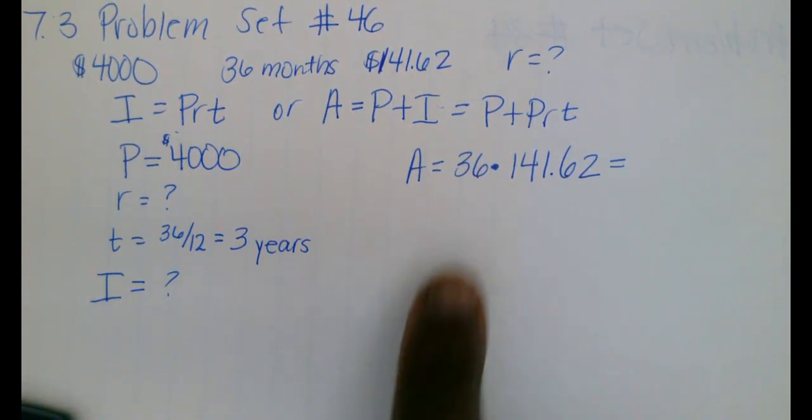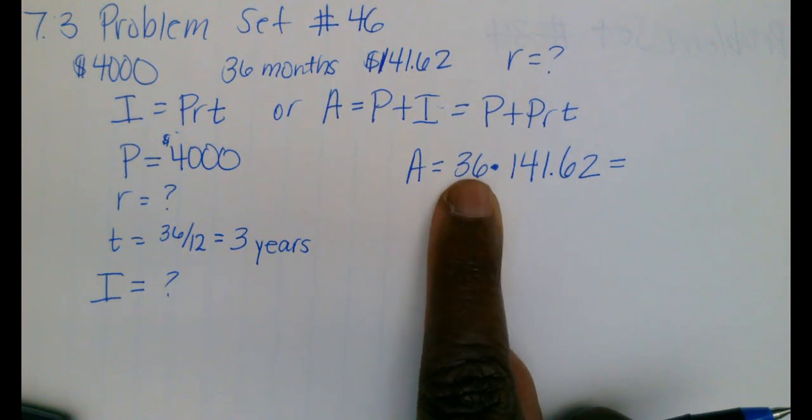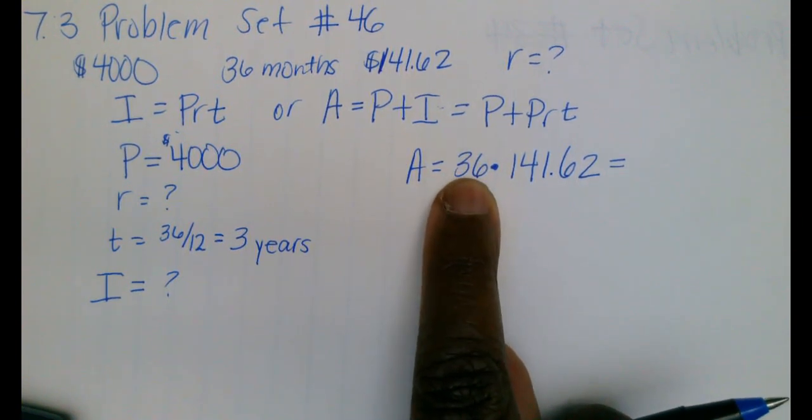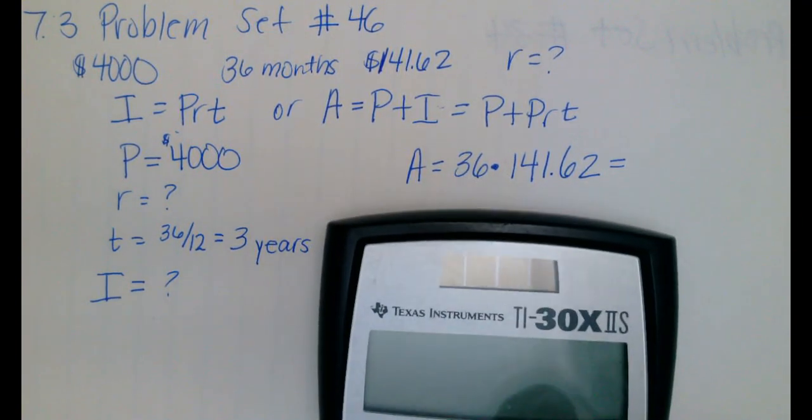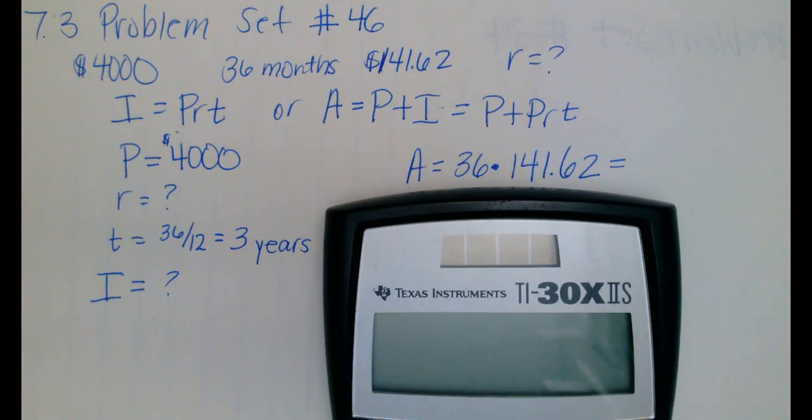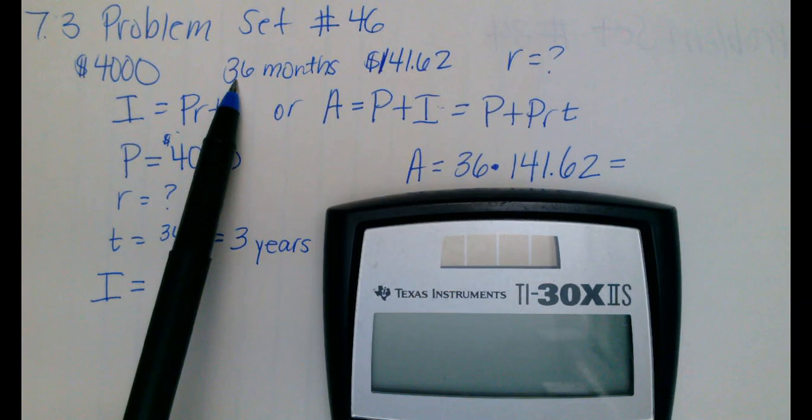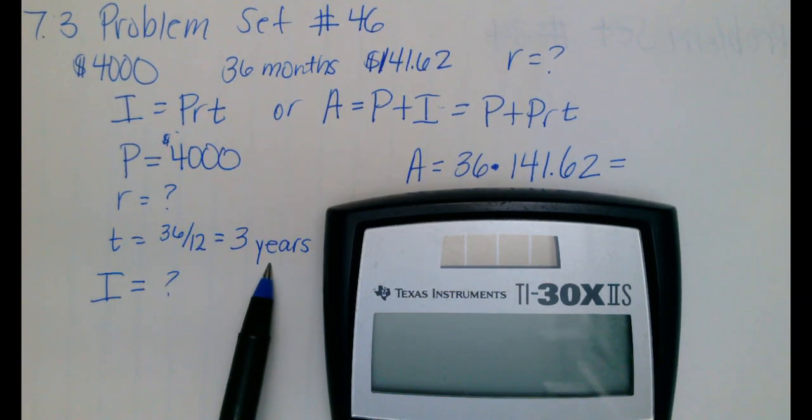So don't multiply this by 3. This is how many payments you made, not the time. So that 36 represents two things: how many payments we made and the amount of time. And we have to put it in its rightful place.